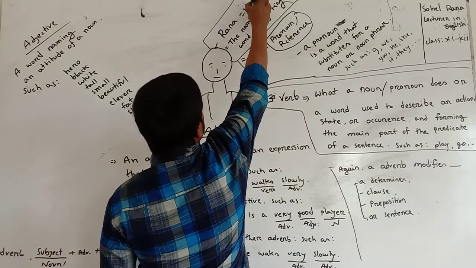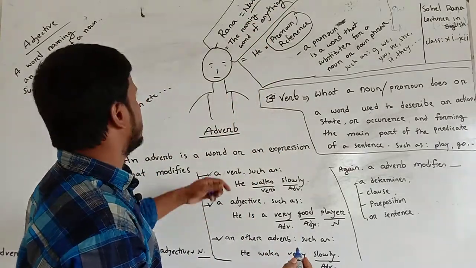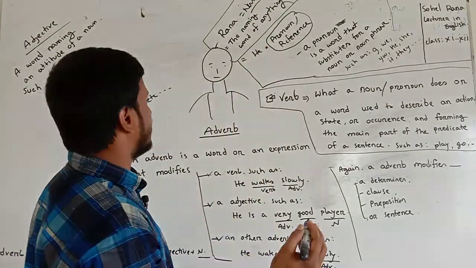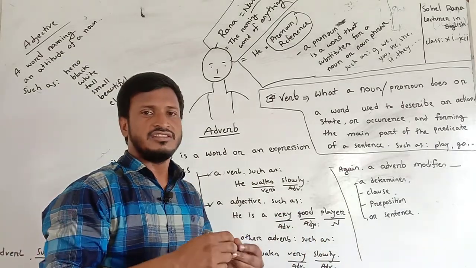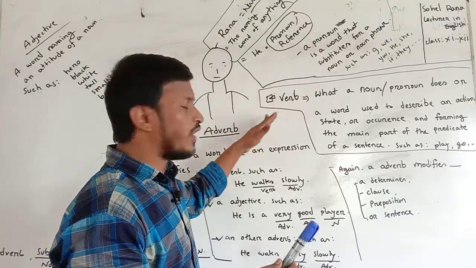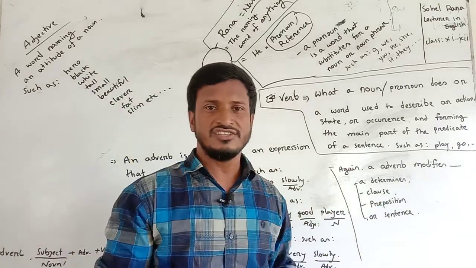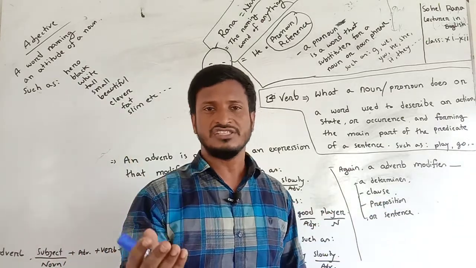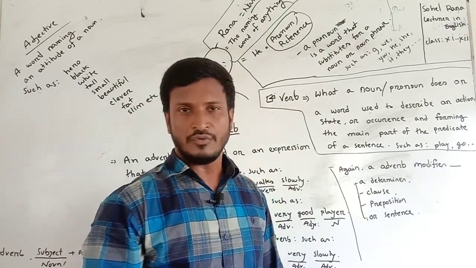Rana is the name of someone, so we can say that the naming word of anything is called noun. Like this is a marker, it is also a noun. This is a whiteboard, it is also a noun. Everything we can see and perceive or realize is also called noun.